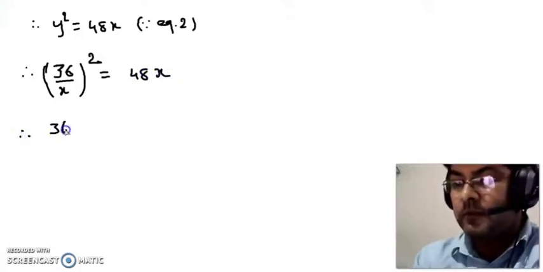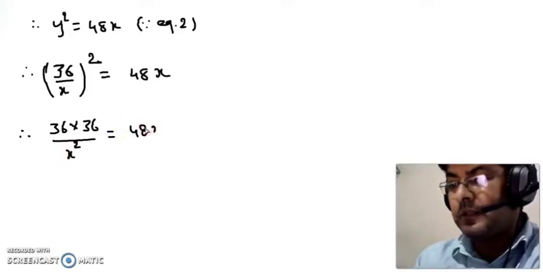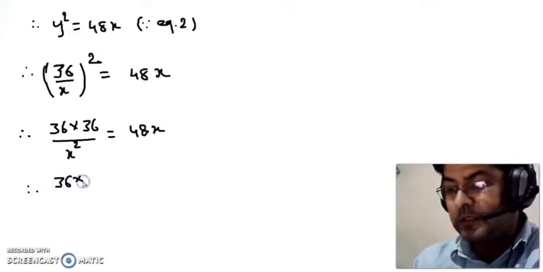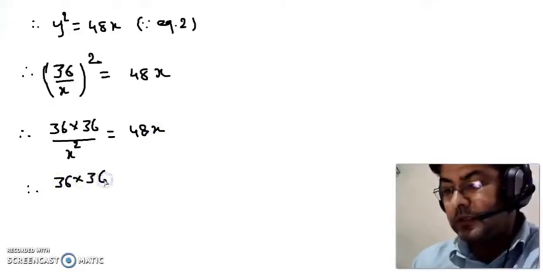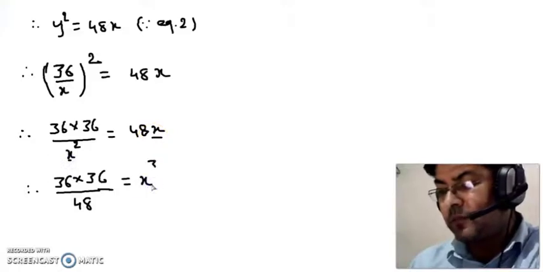Therefore 36 into 36 upon x square is equal to 48x, or 36 into 36 upon 48 is equal to x multiplied by x square, which will be x cube.